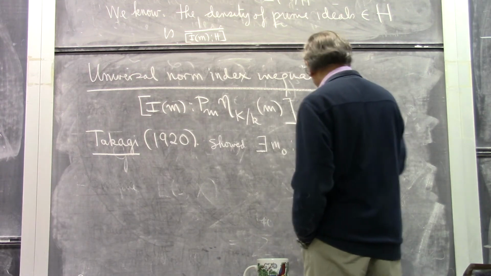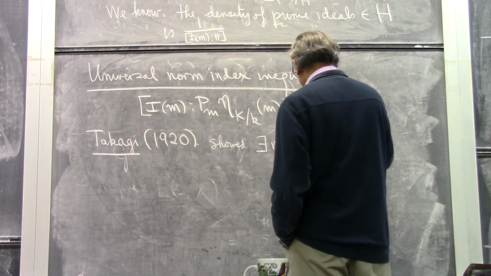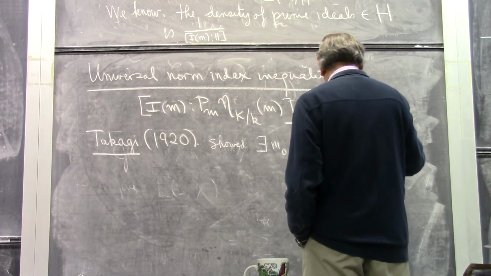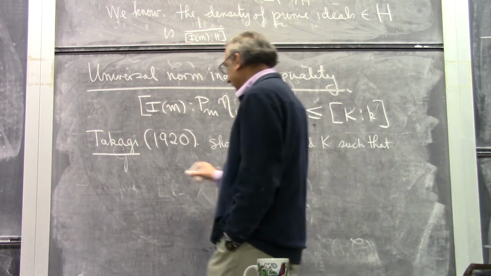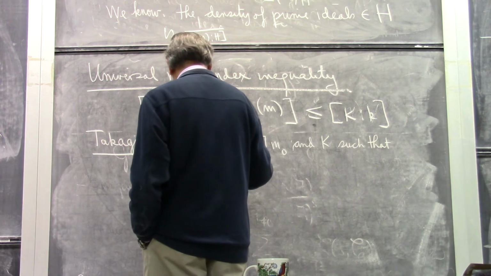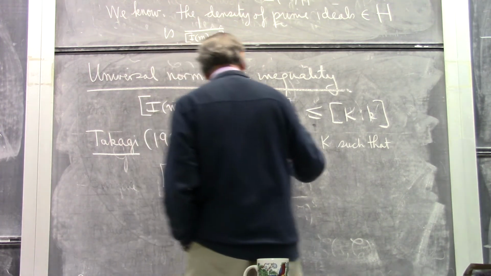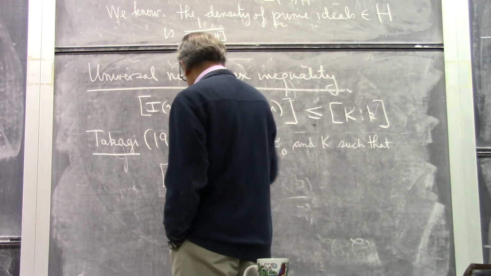In a field K, there exists M naught and a field K such that we have, so let me use C naught because I know you use C later. This is C naught.